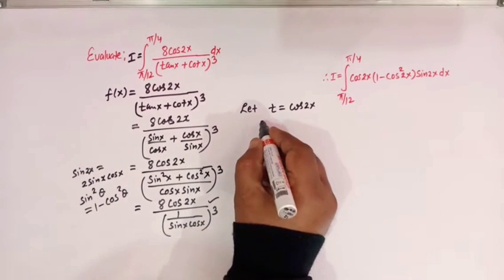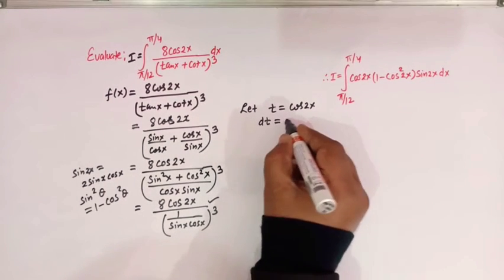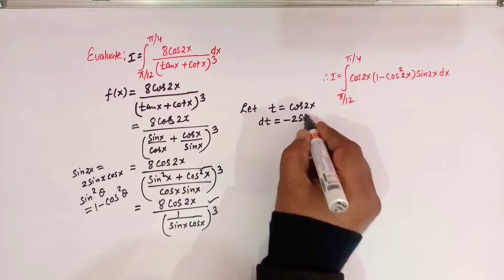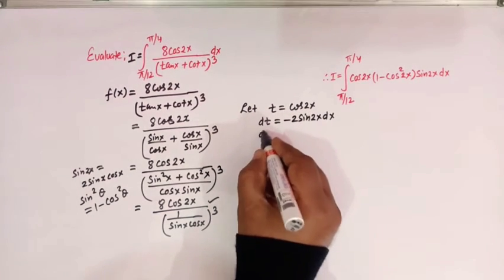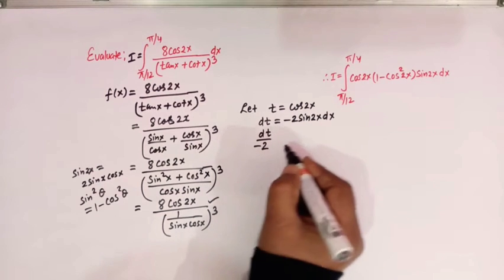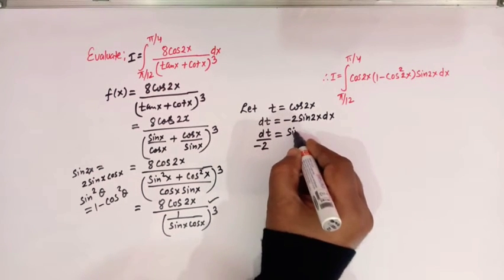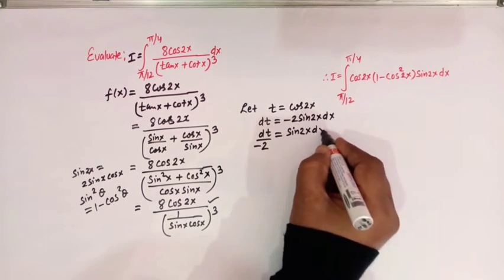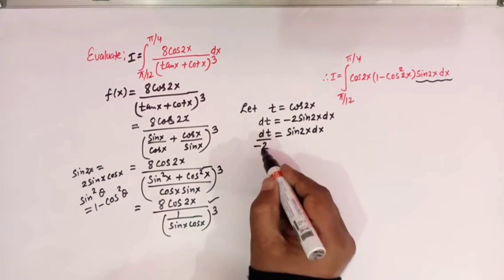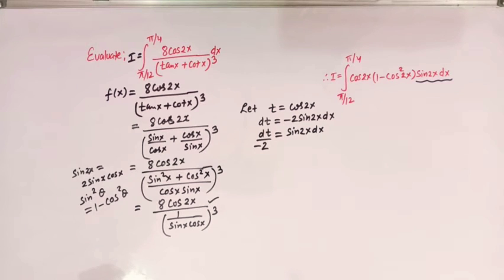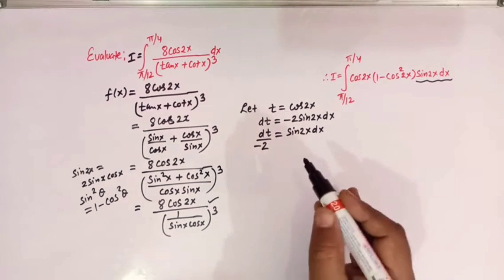So now dt is equal to minus 2 sin 2x dx. Now dt over minus 2 is equal to sin 2x dx. So for sin 2x dx we have dt over minus 2. So this is one thing.